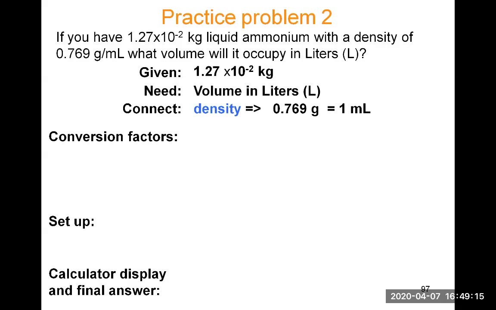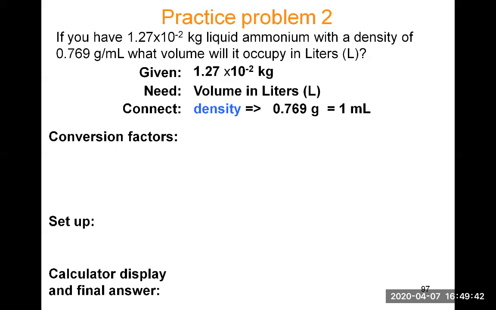So here we see that our density is in grams per milliliter, but the question is asking for liters, and the given is in kilograms. So it looks like we will need to do some conversions before we can use the density as the conversion factor. So if we write a roadmap, we know we start from kilograms.